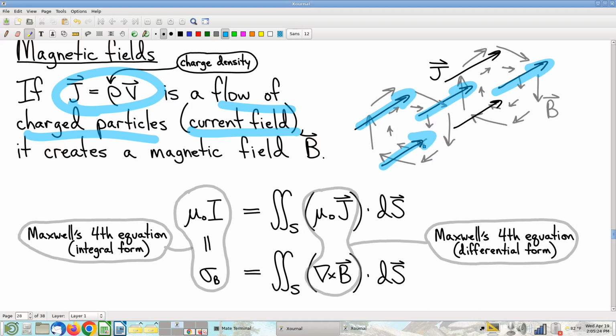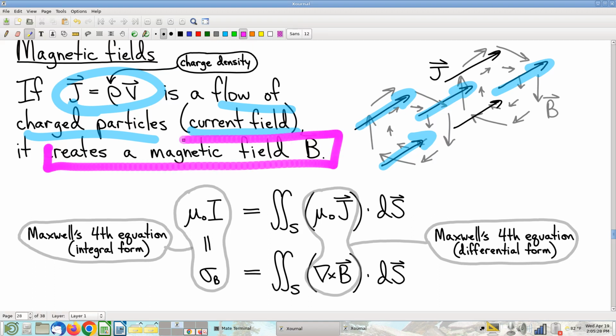And with that in mind, here is an empirical fact. Currents create magnetic fields. Don't ask why. This is empirical. You'd have to speak to whoever, if anyone, created this physical world we live in, if you want to know why. We simply know that this is the way it works.